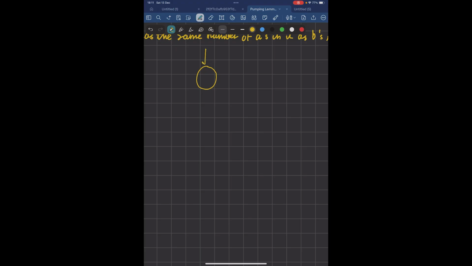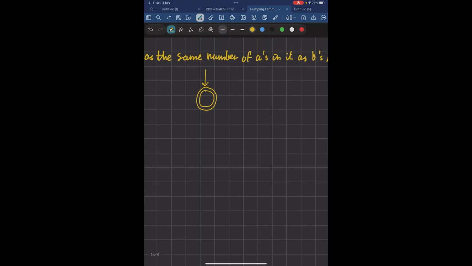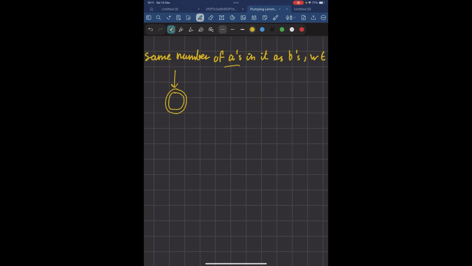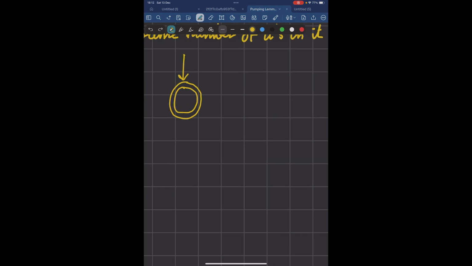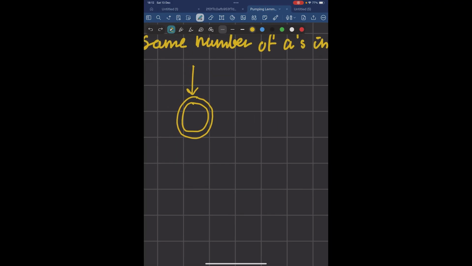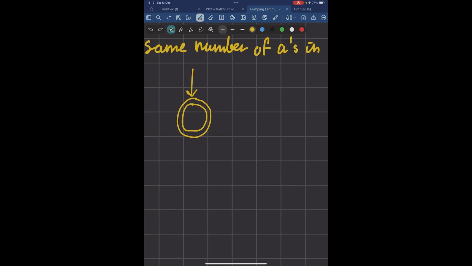So for this language, we would need to try and keep track of the imbalance of A's and B's. We want states representing situations where we have more or fewer A's and B's. So the accept state would be where we have no difference between the amount of A's and B's. So the imbalance is 0.